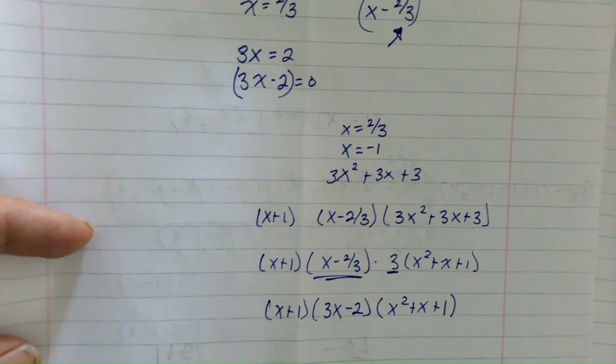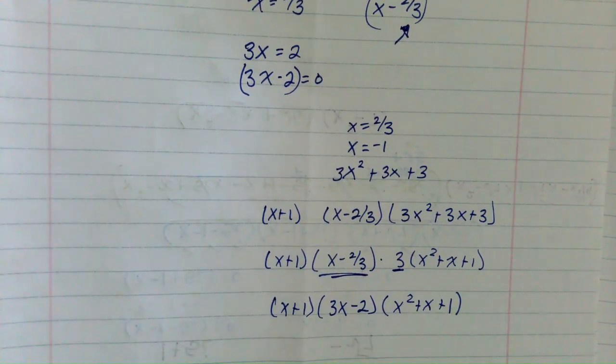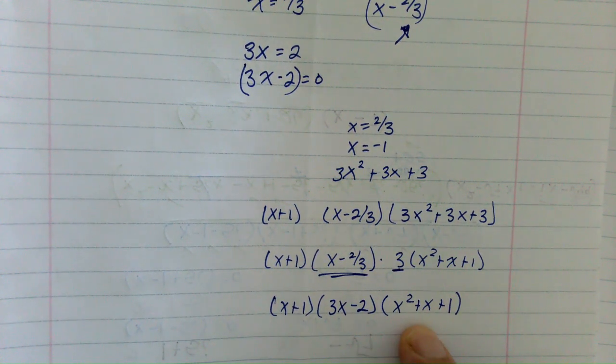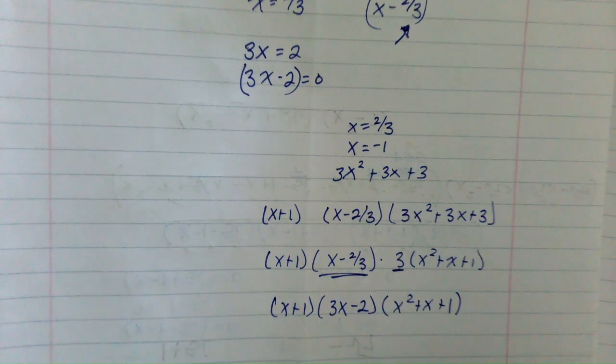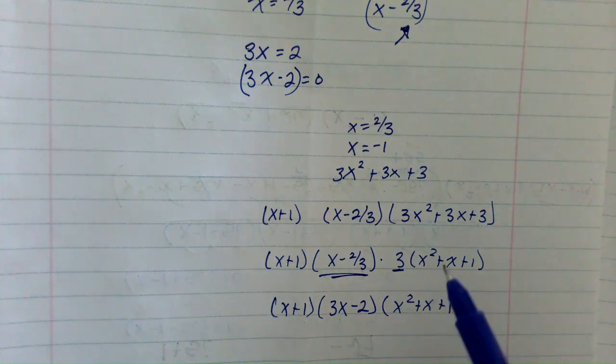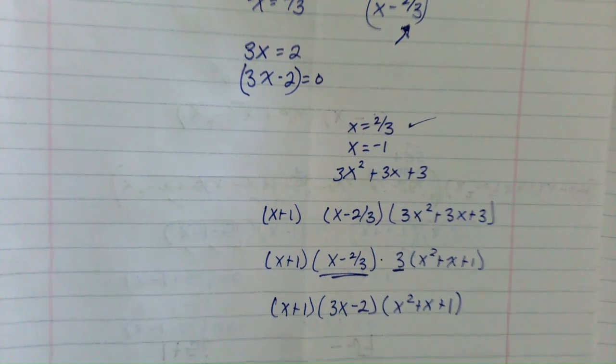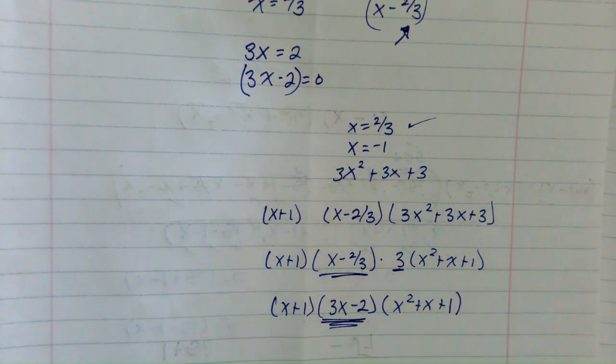So now we see 3 parentheses that are all relatively prime, meaning they don't have a GCF. And there we have our prime factorization. It's not a complete factorization because we still have an exponent, but it is our prime factorization. So keep in mind that yes, we have a fractional root, but that fractional root exists because there was a coefficient.